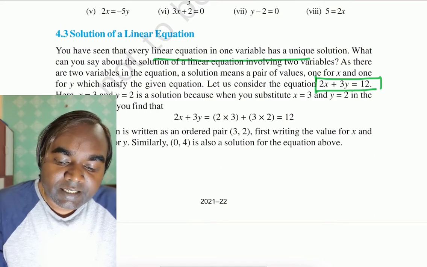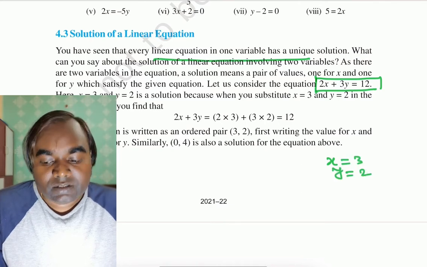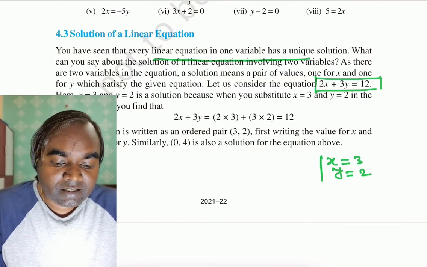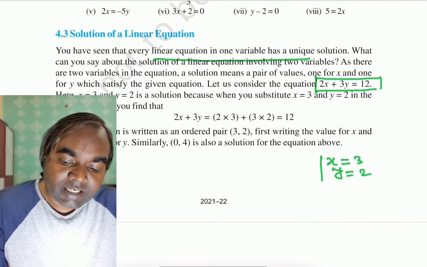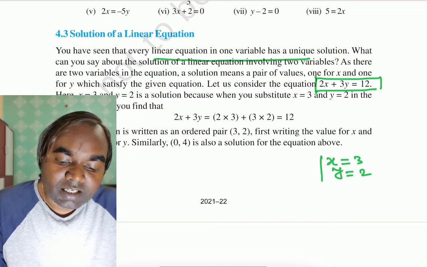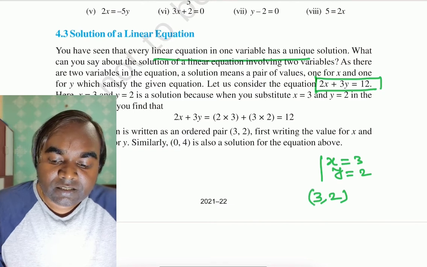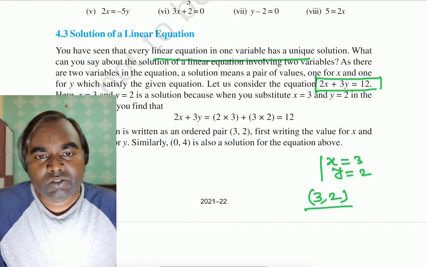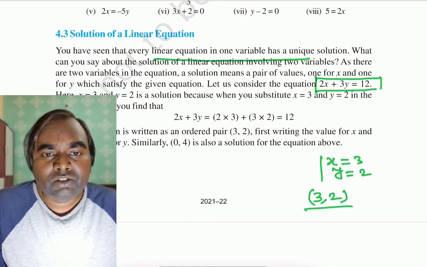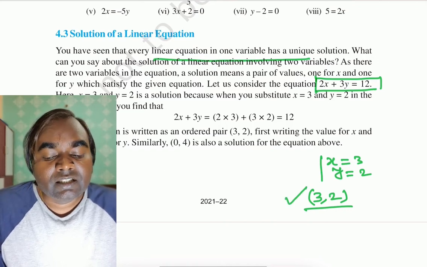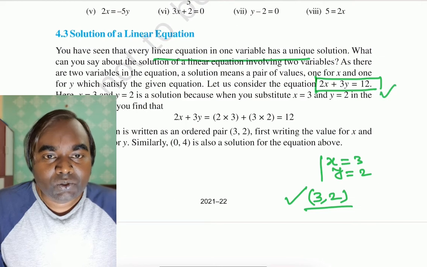That means x is equal to 3 and y is equal to 2 is a solution for this equation. We can write it in terms of an ordered pair, in brackets (3, 2). This is a way of writing the solution for a linear equation in two variables. This value satisfies the equation, so it is a solution.